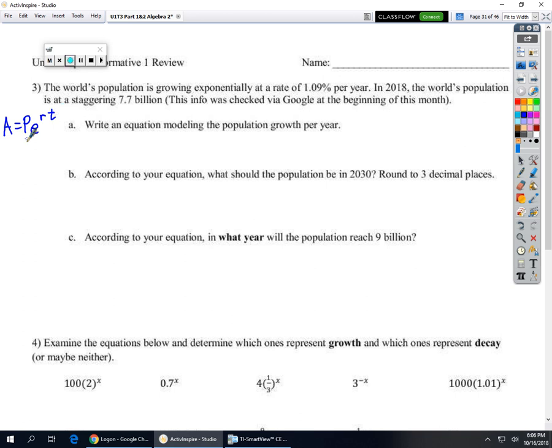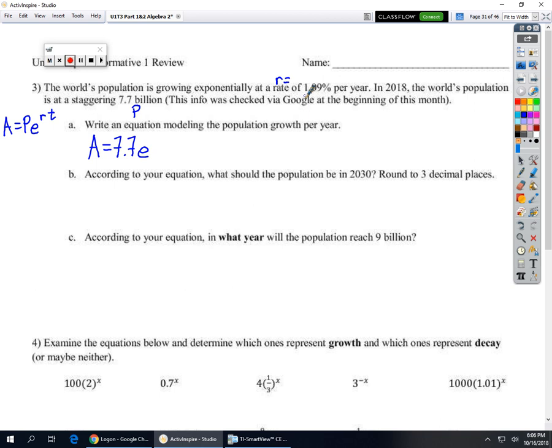What is my P? What is r? t is just the variable in the equation. So A equals P. That's the principal value. How much did I start with? Well, there's 7.7 billion currently, multiplied by e to the rate. The rate is currently 1.09%. Since it's growing, it should be positive.